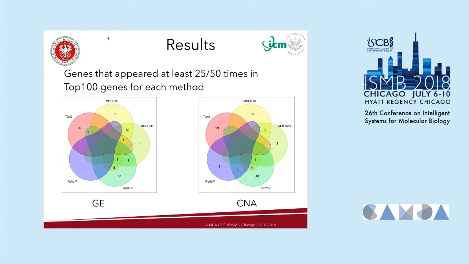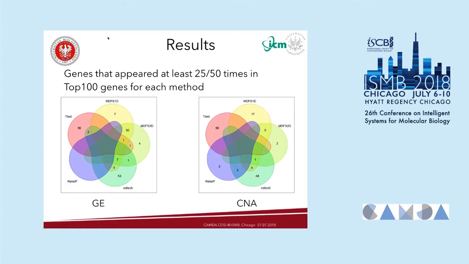Not really. Basically, these 2 information theory-based methods have many features in common. With the rest, not really. And Relief is very, very unstable. It couldn't find 25 variables. There was no variable that appeared more than 25 times in 50 repeats with the Relief algorithm for gene expression.